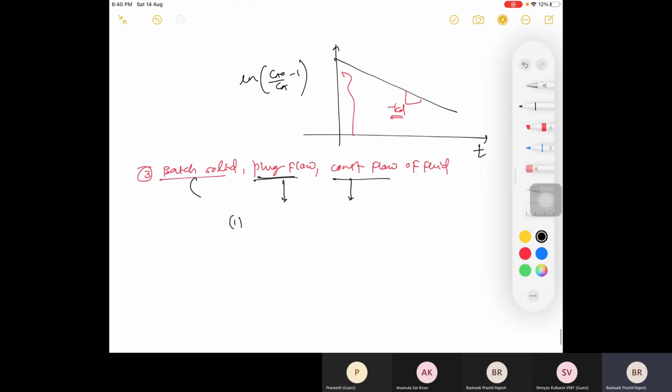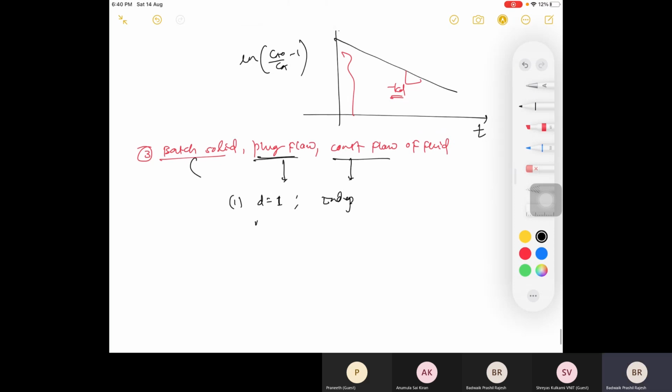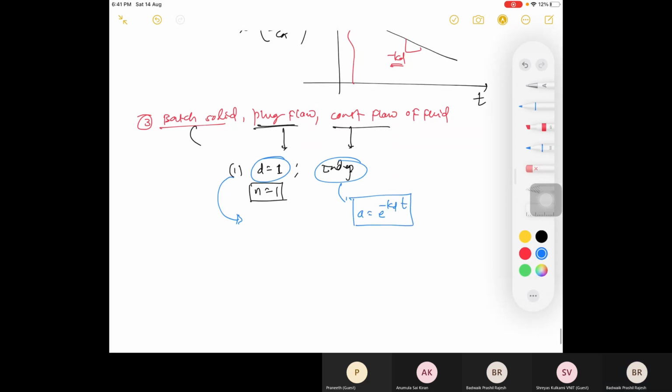So I'll consider the same, that deactivation order is 1, then it is independent deactivation. So independent will give you A is equal to e to the power minus Kd into t, right?